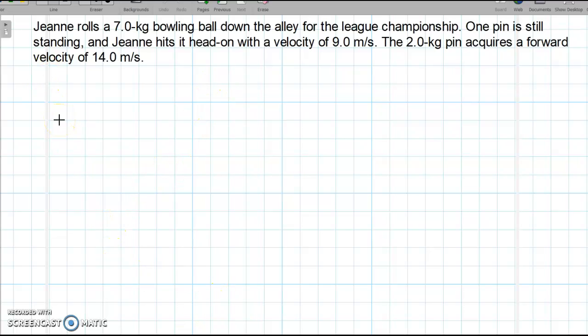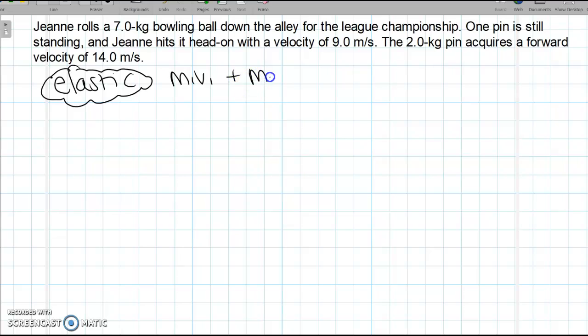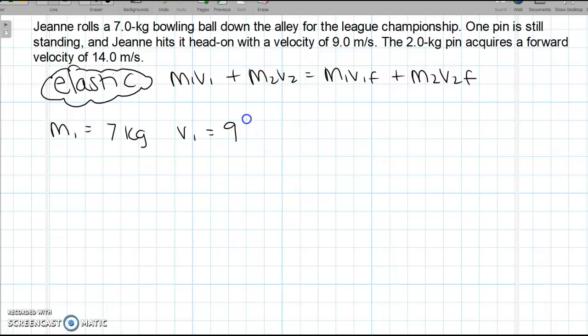All right, so identifying what we have, this is an elastic collision because the bowling ball and the pin aren't going to collide and become one object. So we have M1V1 plus M2V2 is equal to M1V1 final plus M2V2 final. So our M1 is going to be the bowling ball, and the velocity 1 for the bowling ball is 9 meters per second.